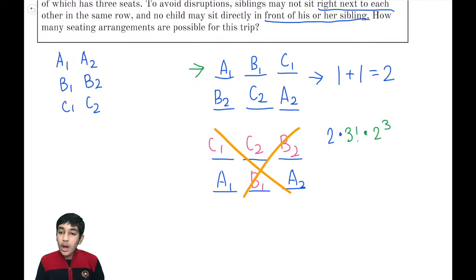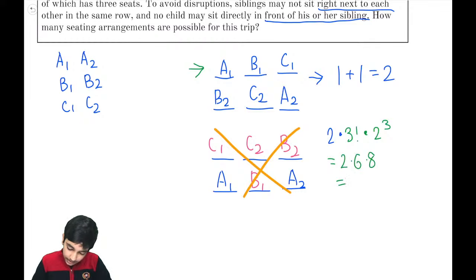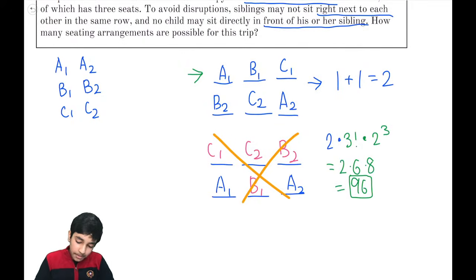So instead of having A1 on top and A2 at the bottom, we can have A2 on top and A1 at the bottom. So we multiply by 2 cubed to flip the A's, B's, and C's. So the answer is just 2 times 6 times 8, which is 96. And that's the solution for this problem.